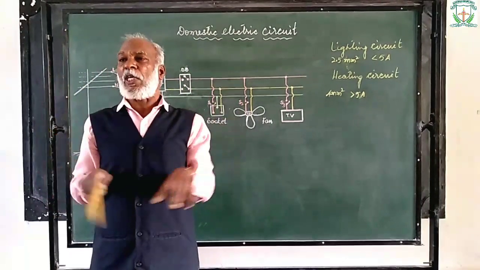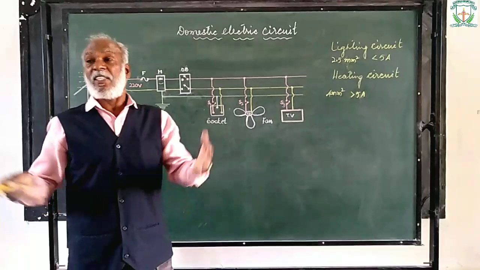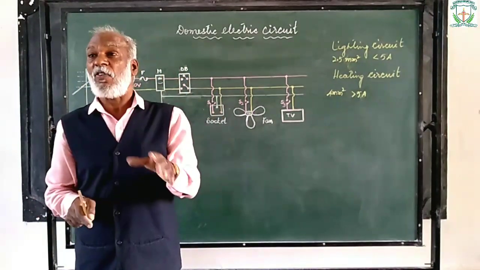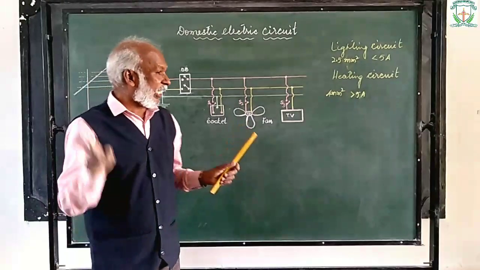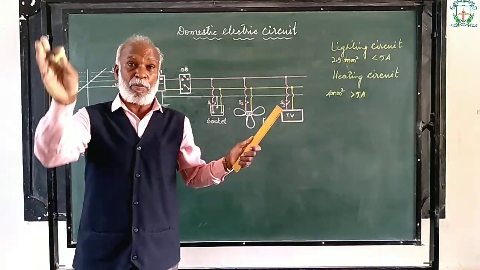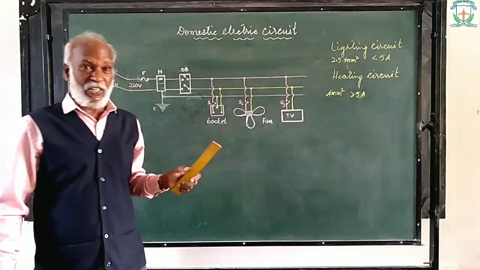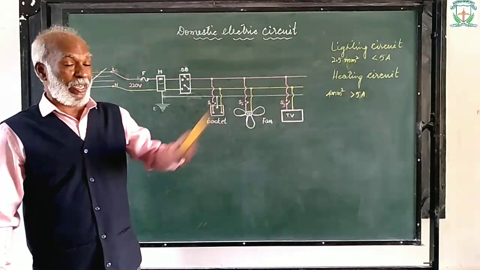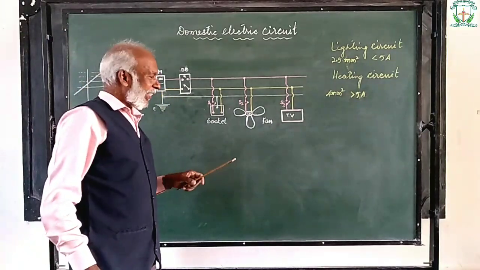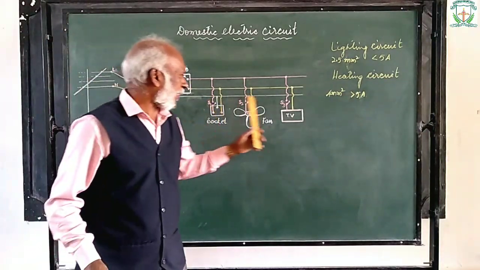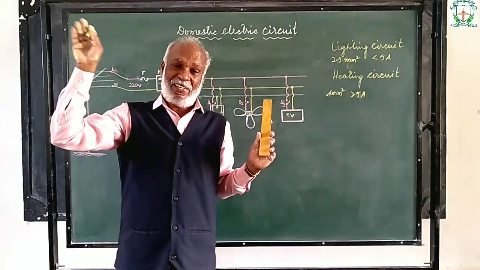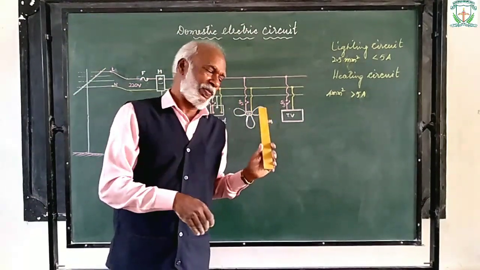For example, the OTG or microwave oven, the refrigerator, the washing machine: the body is metal. In such cases, the outer metallic body of the electric appliance is grounded. You understand? For that purpose, the ground wire runs through the whole circuit.